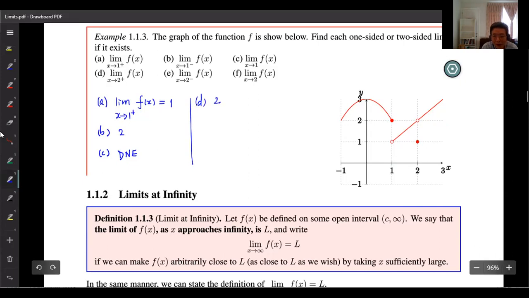Everybody can follow, right? The right side is 2, and the left side from this side also approaches 2. So both one-sided limits exist and are the same, they are equal. Therefore the two-sided limit exists also, and is the same.